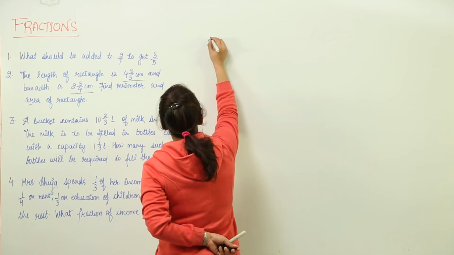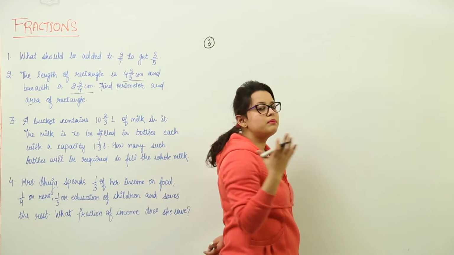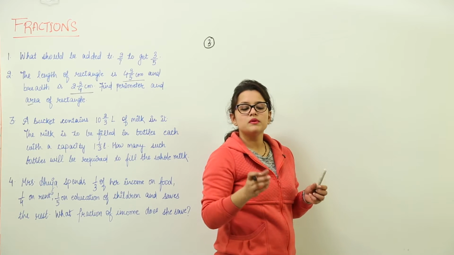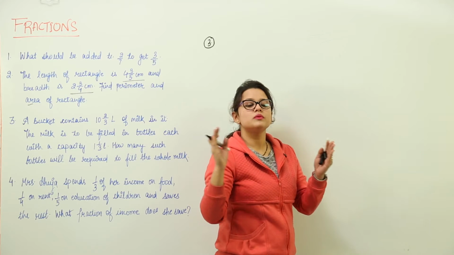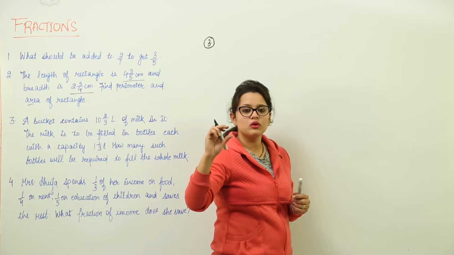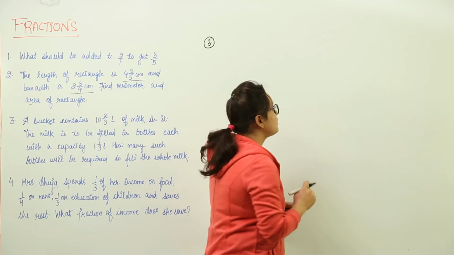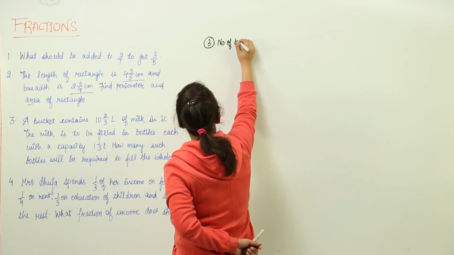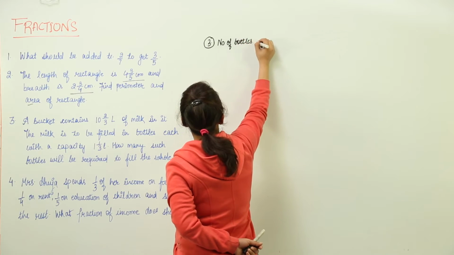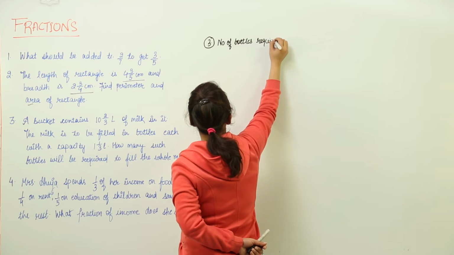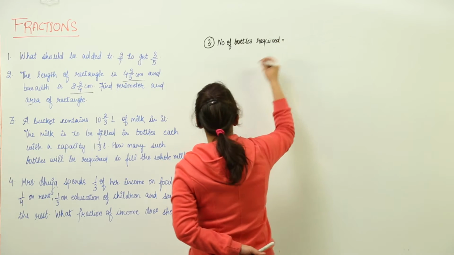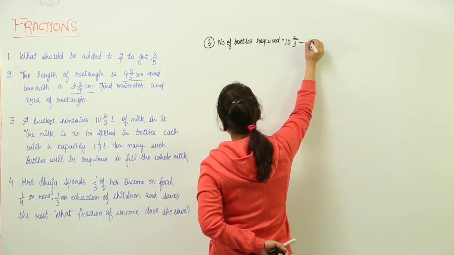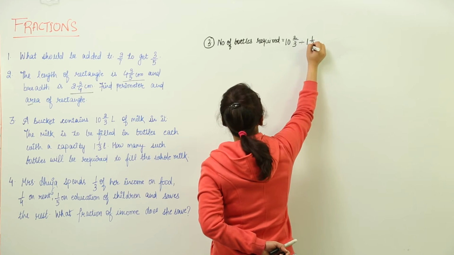For this you have to divide the complete quantity of milk by each small quantity. That means the complete quantity is to be divided by the small quantity to get the number of bottles. So the number of bottles required would be the division 10 2 upon 3 divided by 1 1 over 3.